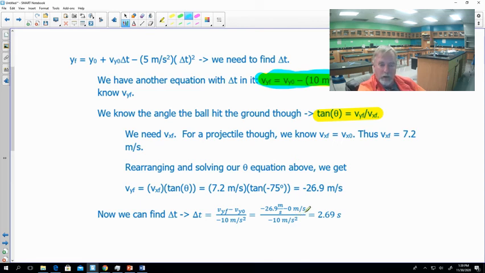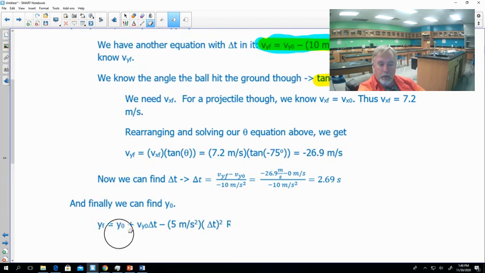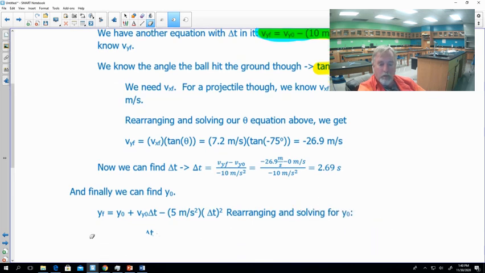2.69 seconds. Right, now how do we use that information? Now we know our time, we can go back to our big Y equation that we started with and plug it in. We've got to rearrange this, though, so we can find Y0. Pretty simple rearranging.